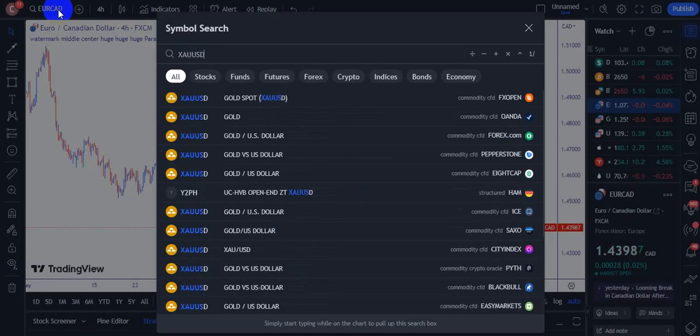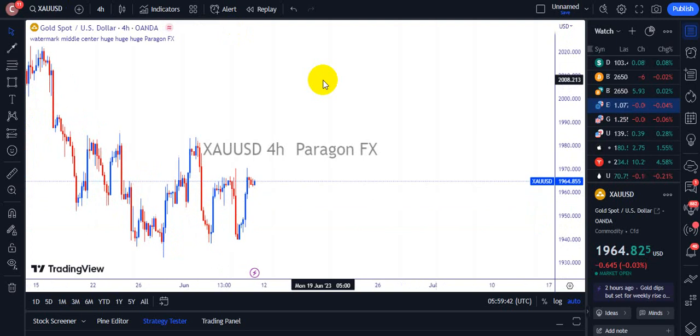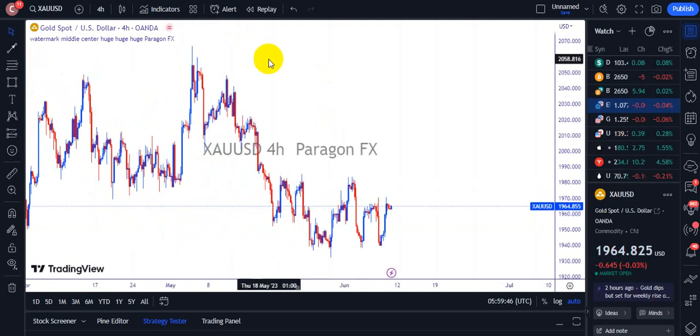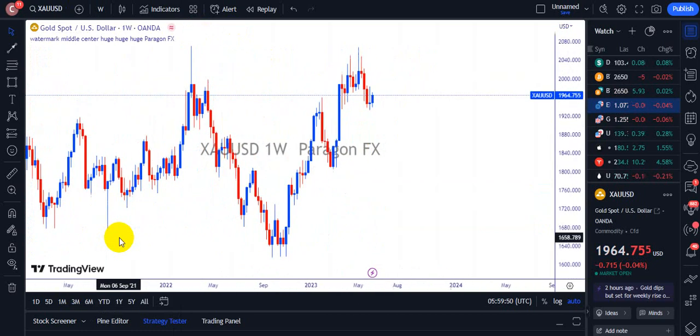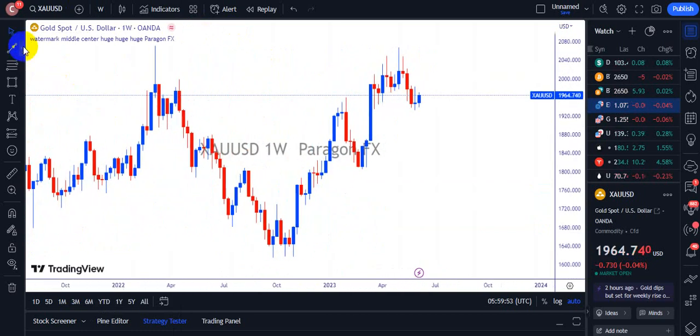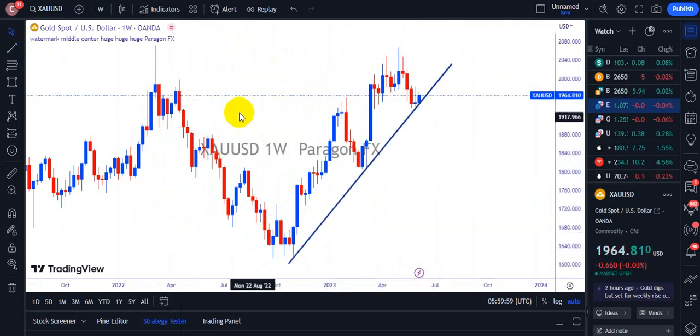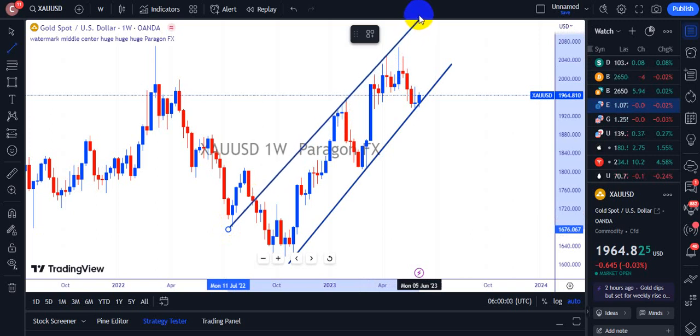Come to the gold. As we said, gold in weekly time frame, again same chart. This is the channel.